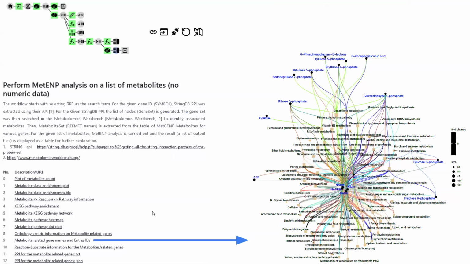Then we have the network showing the different metabolic pathways to which different metabolites are associated. And we have some other information as well that one can explore. One can continue this process and keep building on these networks, which will help add interpretation of these processes.